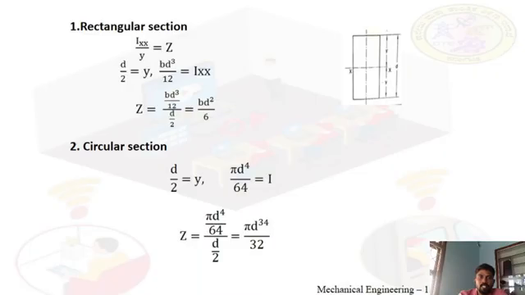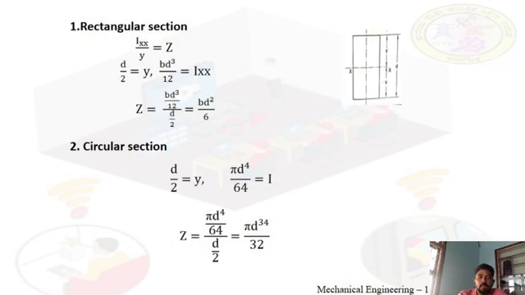So the section modulus Z is equal to I by Y. Substituting I as BD cube by 12 and Y as D by 2, we get BD square by 6.